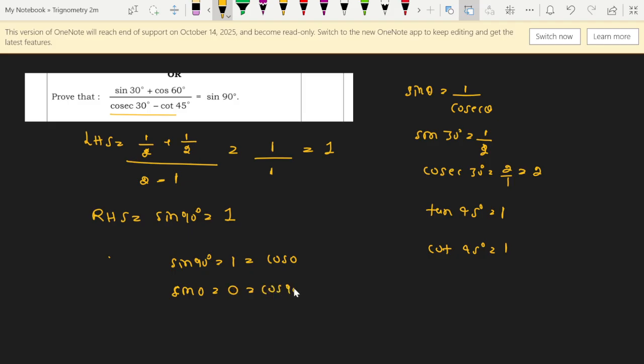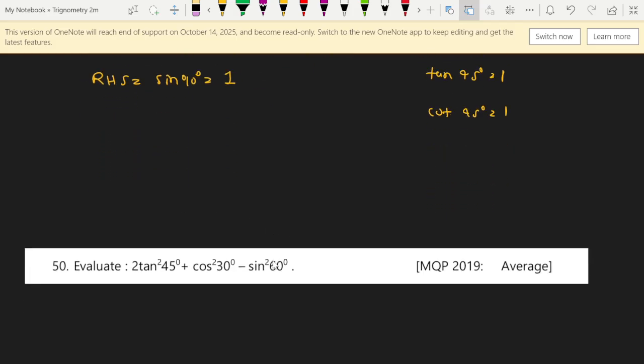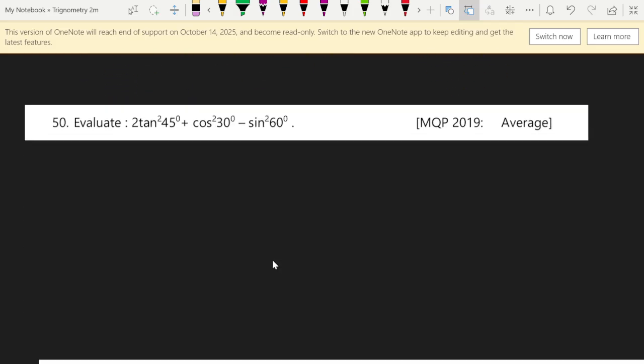So yes, cos 90 is equal to 0. 30, 60, 90 and 0 degrees, they are friends. They will have a common value, so always remember that. In all the rest of the problems, simply substitute the values, you will get the answer.